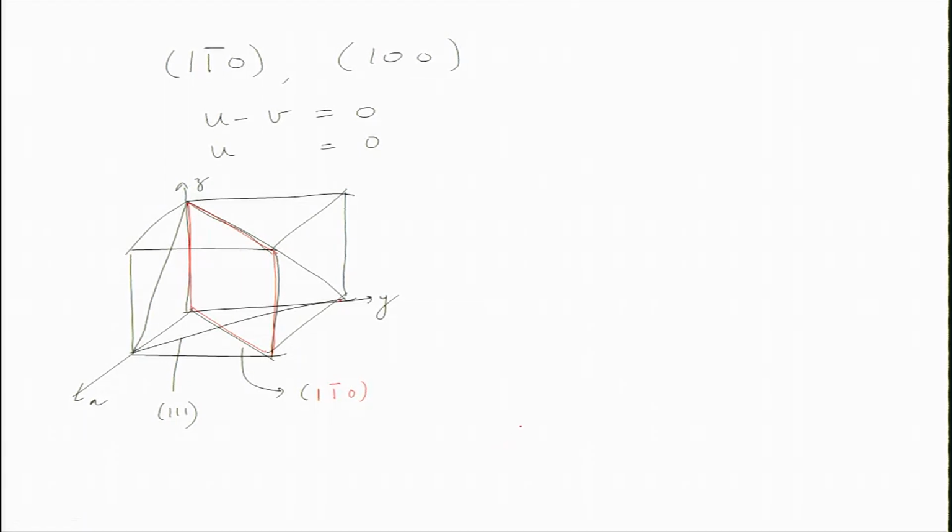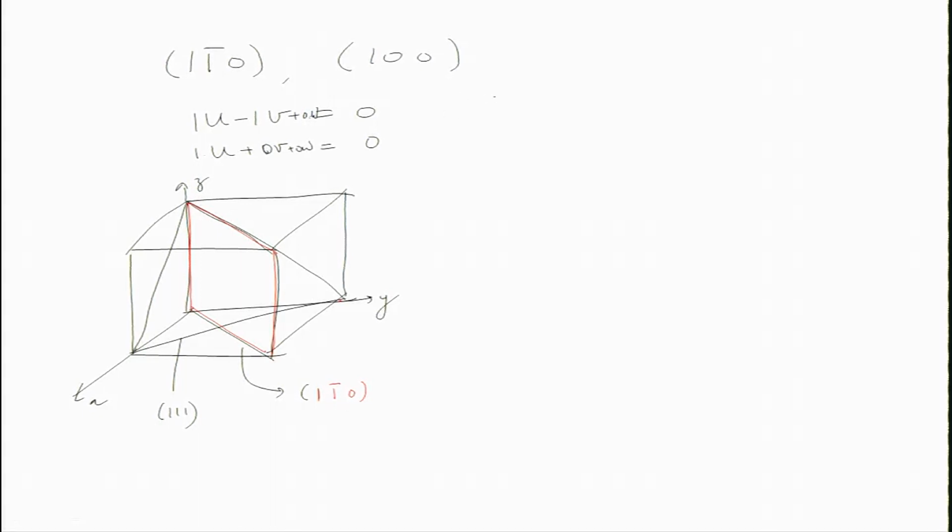Now you can see that these two planes intersect each other. In the first one it is U minus V, so 1 U minus 1 V plus 0 W is equal to 0, and the second one will become 1 U plus 0 V plus 0 W is equal to 0.